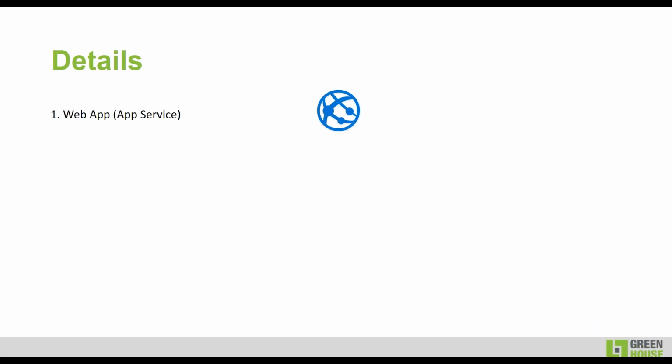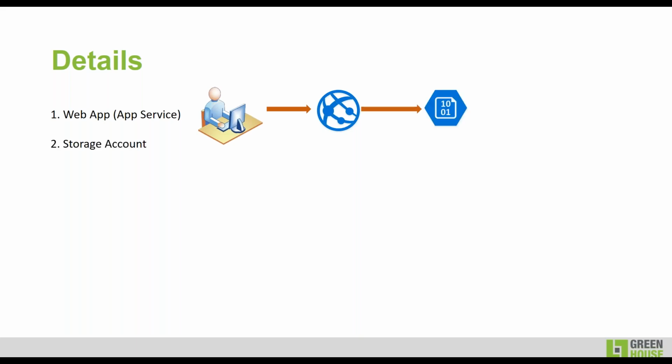Let's say you have a web app service. That is, you have a website through which the end users come in and upload some files, let's say some JPGs, some kind of image files onto that website. Those images are uploaded onto a storage account in your application. And then the files are picked up by a function app.